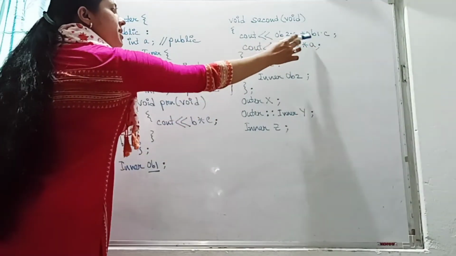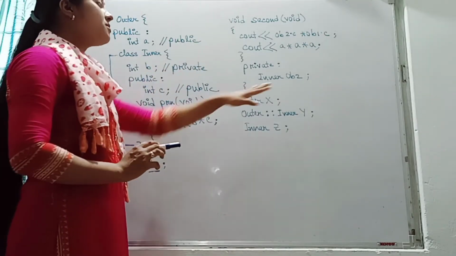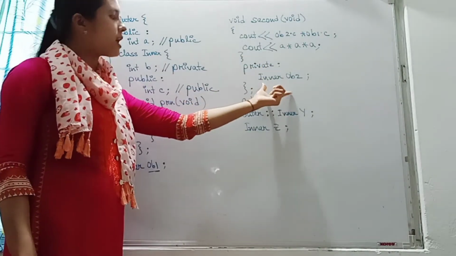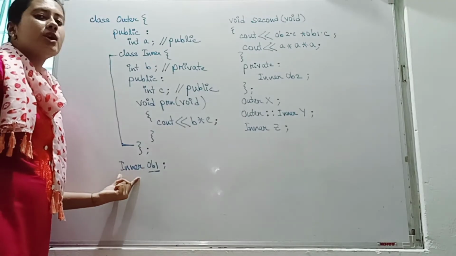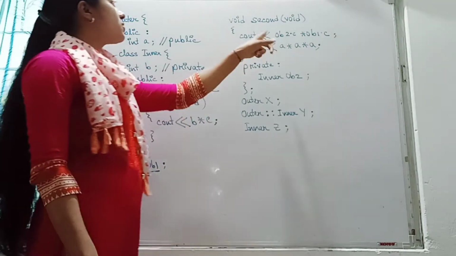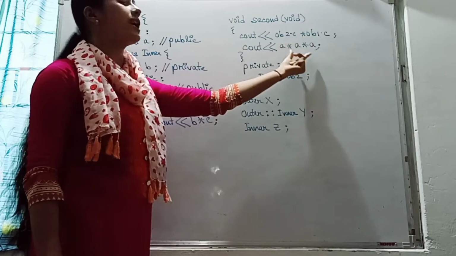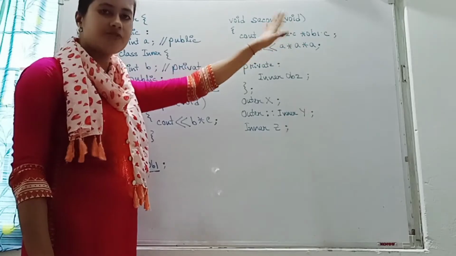So two objects we have defined. One is ob1, another is ob2. Where have we defined ob2? Under the private section. Okay, ob2 is an object of the inner class and ob1 is also an object of the inner class. So now cout OB2 into C into OB1 dot C, and cout A into A into A. This particular definition is provided by this second function.